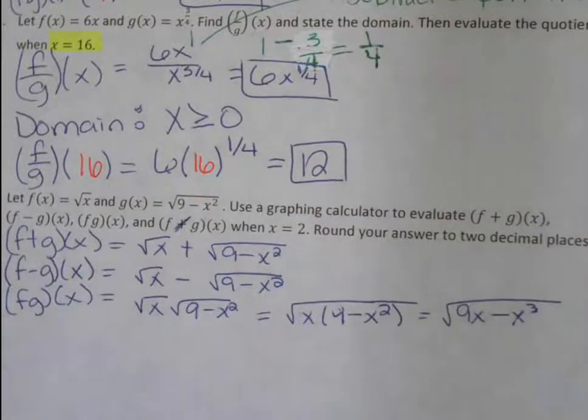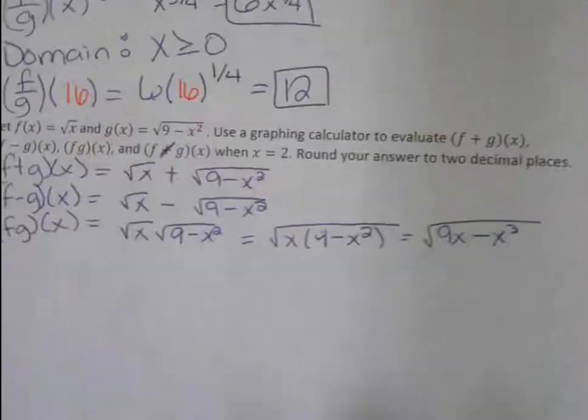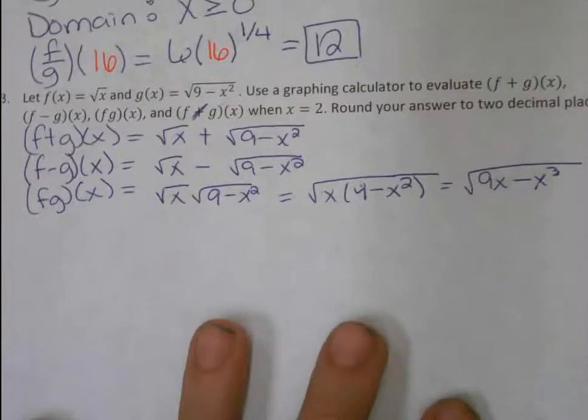I don't have to give the domain on the one where I do all work. This one is a little bit trickier, but it's still mostly positives because of the square root.